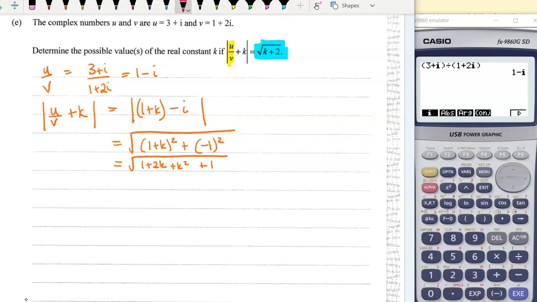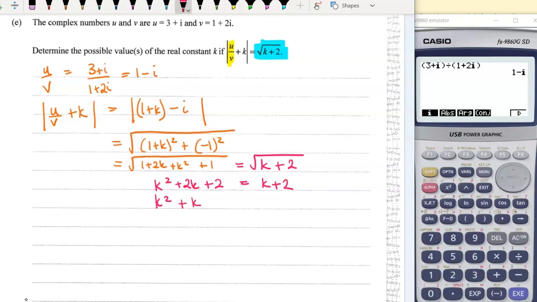So at this point, I'm going to introduce that this is equal to the square root of k plus 2. And then we can work out what k needs to be to make this true. So on the left, we've got k squared plus 2k plus 2 is equal to k plus 2. I'm squaring both sides, removing that square root. Bring everything to the left-hand side. We've got k squared plus k.